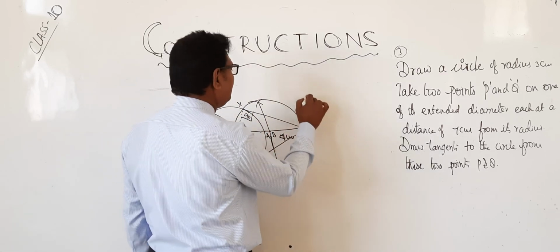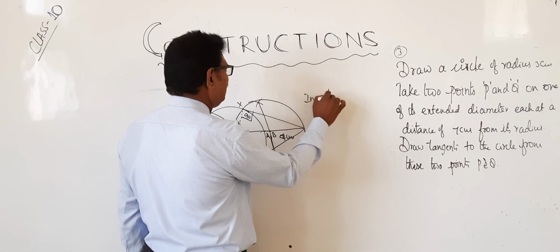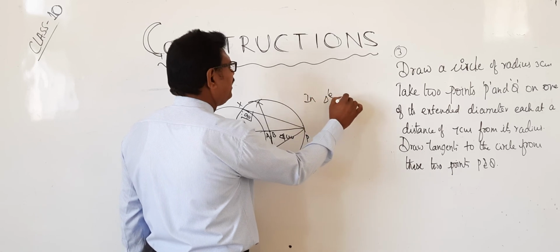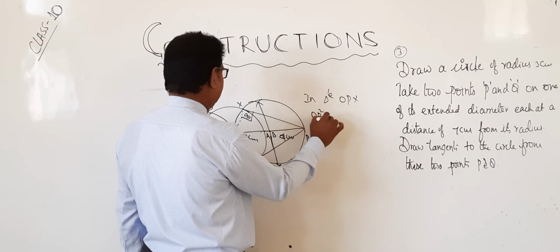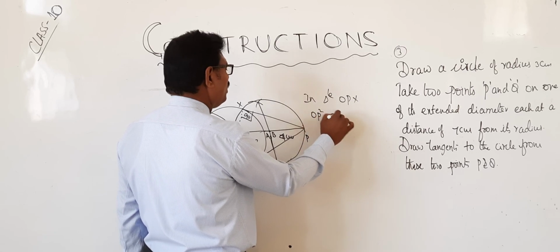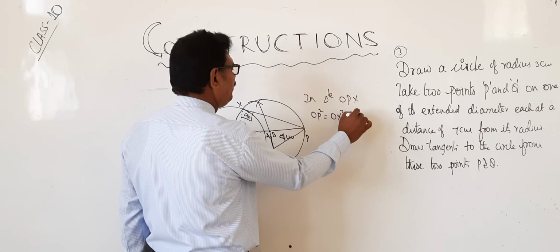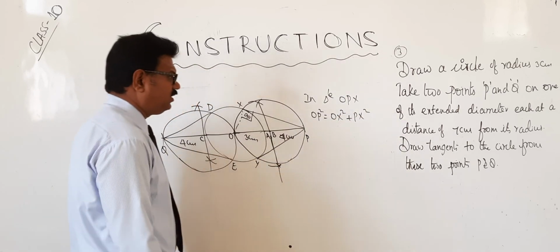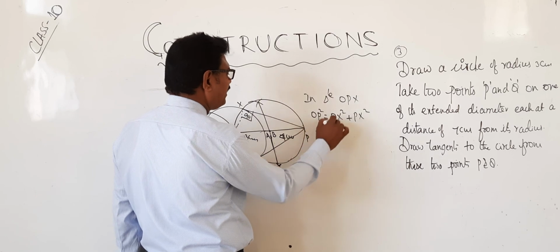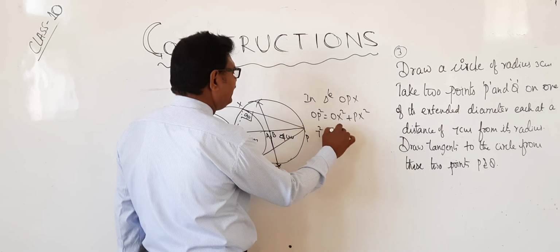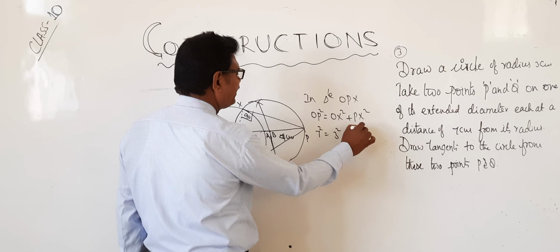Now you can see in triangle OXP, OP square is equal to OX square plus PX square. OP is 3 plus 4, 7, so 7 square is equal to 3 square plus PX square.